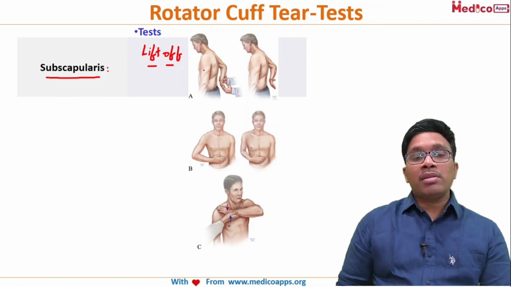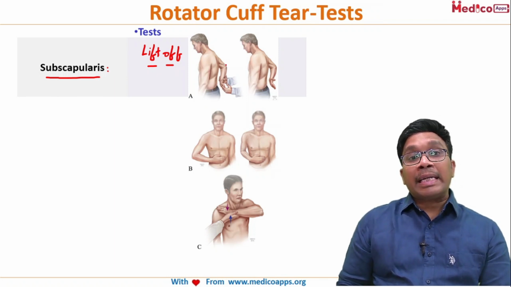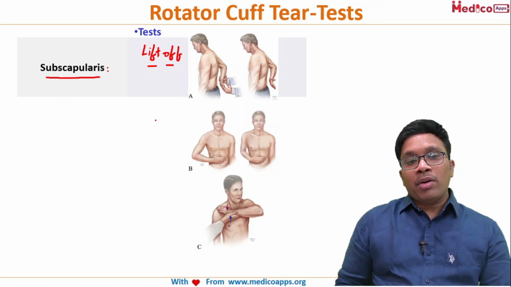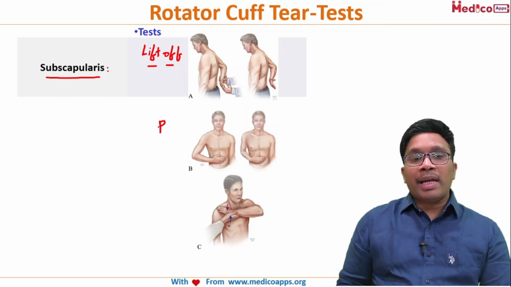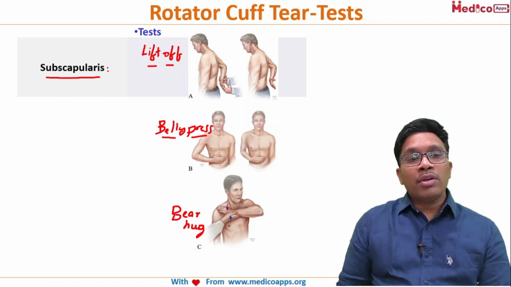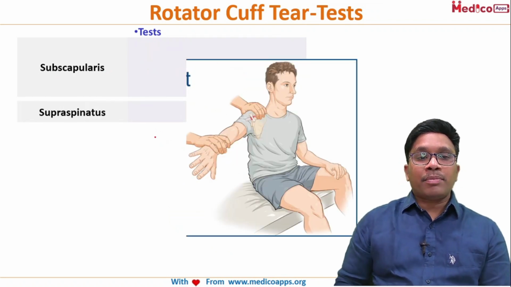To perform this, the subscapularis needs to be intact. This is nothing but internal rotation of the shoulder. Another way of doing the internal rotation is pressing the palm over the belly. This is called the belly press test. And the last way of examining it is the bear hug test. So three ways of examining the subscapularis.